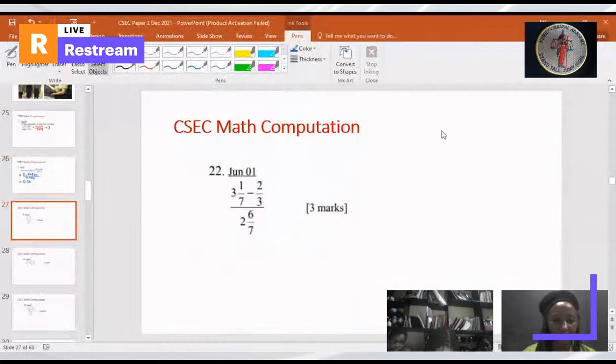Thank you, Amari. Imani, this one is yours. I see this is worth 3 marks. Oh yeah, these are easy. We did these last week. Okay. So, miss, the first thing we're going to work is the numerator. We're going to work the 3 and 1 over 7 minus 2 over 3, right?